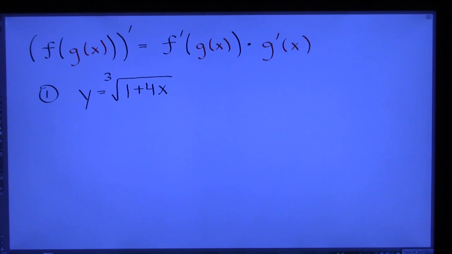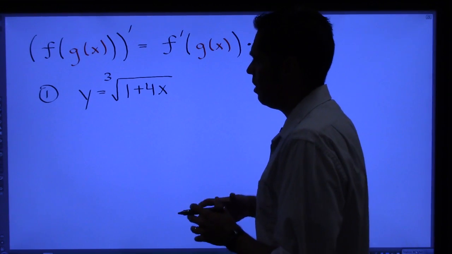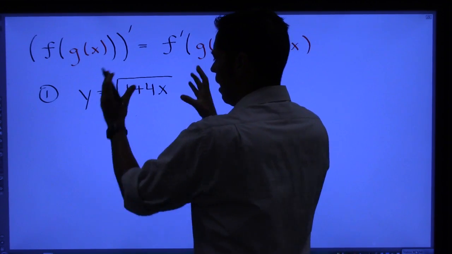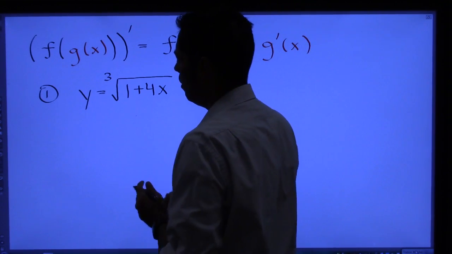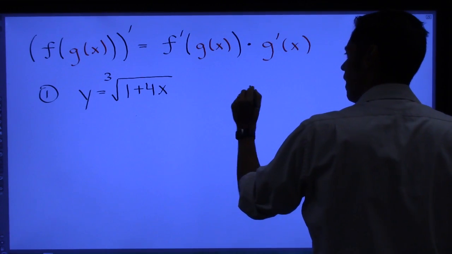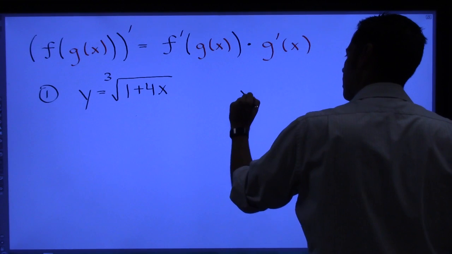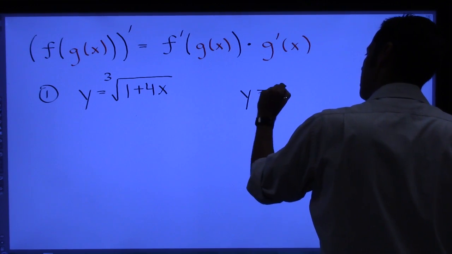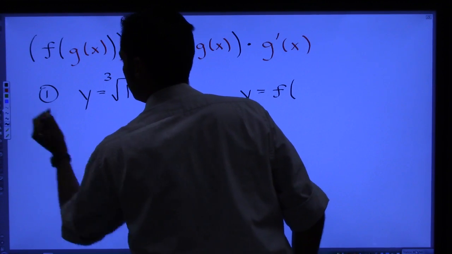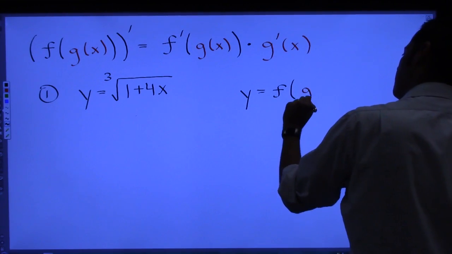What we want to realize is that you have a function inside of another function. So the inner function here is 1 plus 4x. The outer function here is the cube root of x. So, I mean, the cube root function. So if I were to write this out, I could rewrite this as y is f with some g function plugged inside of it.